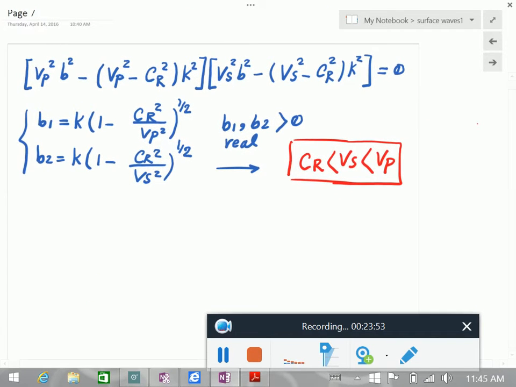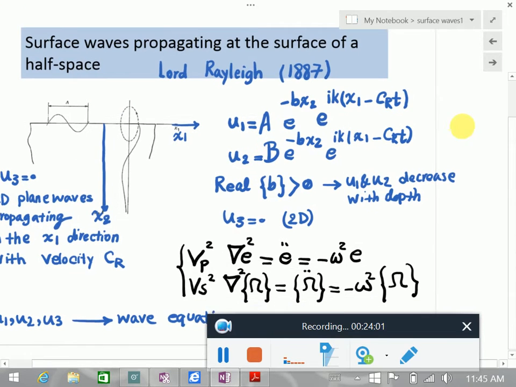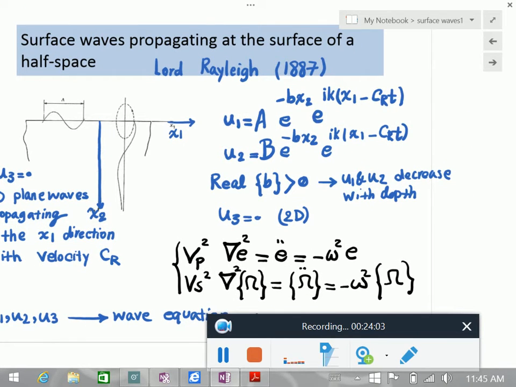So the equation that you wrote, you have to solve for CR. No, so far what we did was this. We started with the concept that Rayleigh started. He said, okay, there is some wave near the surface, but it is really near the surface, so it attenuates fast if you move from the surface.